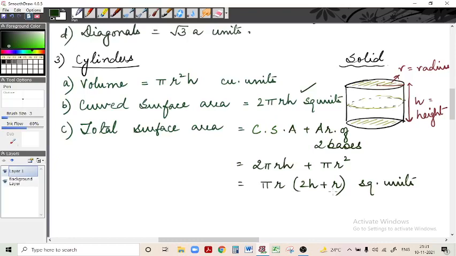Now I will tell you what will happen if we have a hollow cylinder. You may have seen hollow cylinders in iron pipes. A tunnel also: I said this is a cylinder, but a tunnel is not a solid cylinder. A tunnel is a hollow cylinder, made up of thick metal or thick stones.